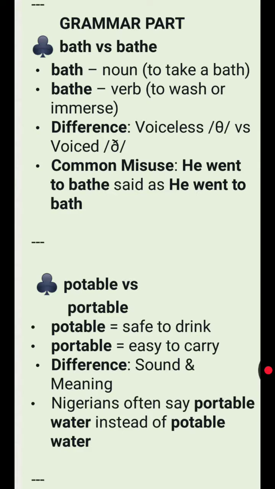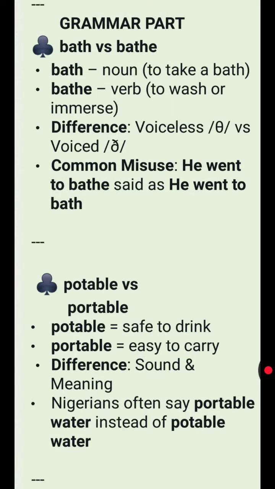Bathe is a verb, to wash or immerse. That is the meaning. Difference: voiceless th, as we stated before, and voiced the. Note th in the first one, that is for the noun, and the in the second one for the verb.